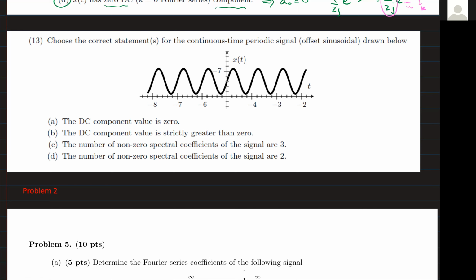And it's all positive, so it cannot be 0, because this is -7, it's actually shifted down on the y-axis. So this cannot be true. A cannot be true. The DC component value is strictly greater than 0. So the DC component is A0, which means E0 is greater than 0. Is that true?